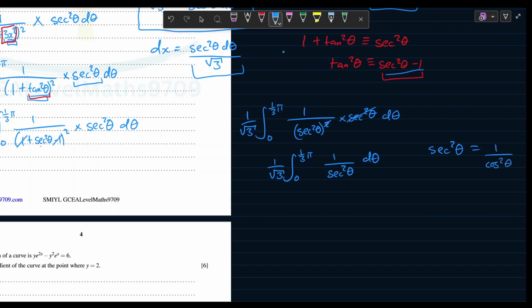So what we have is 1 over root 3, the integral from 0 to a third pi of 1 over sec squared theta, which is 1 over cos squared theta. So this will simply just be cos squared theta with respect to theta. So this is what we're integrating, cos squared theta.